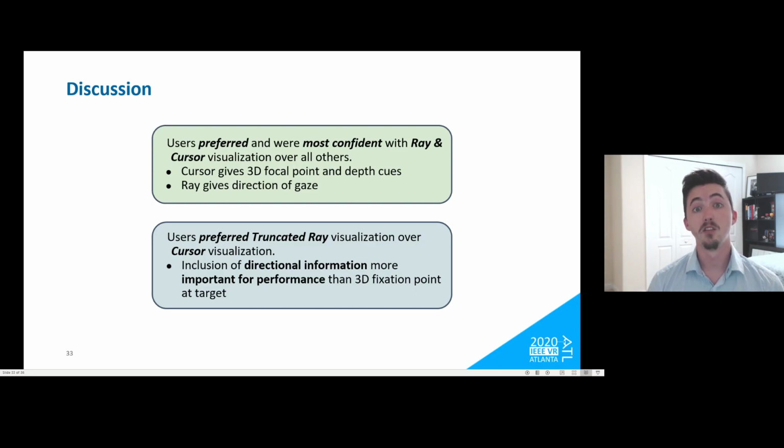And we think that this is due to the combination of that directional component with the 3D cursor. So the cursor gives you a 3D focal point that you can use to judge depth, and then that ray gives you the direction that that partner is looking. Additionally, we found that users preferred the truncated ray significantly over the cursor visualization, which again goes back to that inclusion of that directional component.